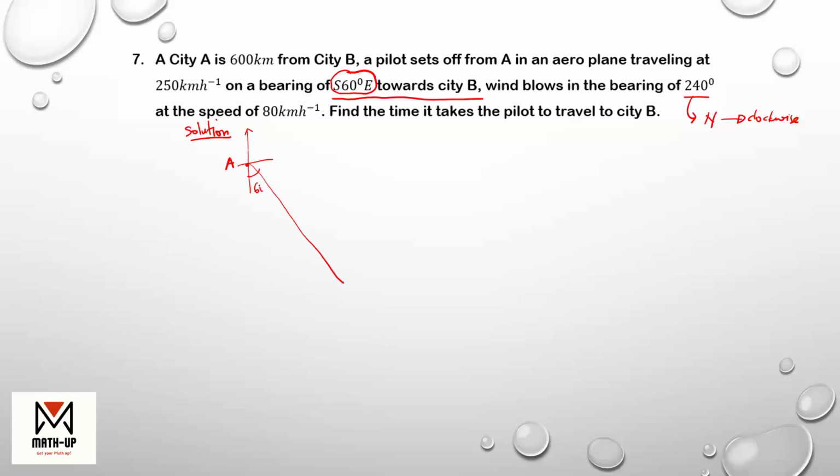So this is 60 degrees, and here they have said he's moving at a velocity of 250 kilometers per hour. So he sets off in a certain direction, but then from there is wind. Let me say at this point there is wind and its effect starts from there and it acts at 240 degrees.